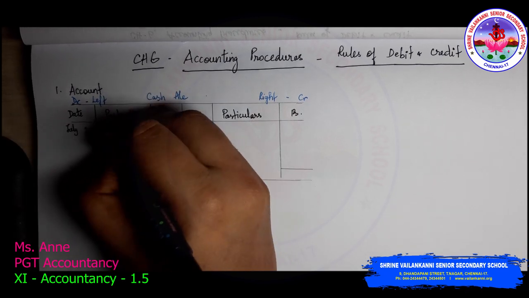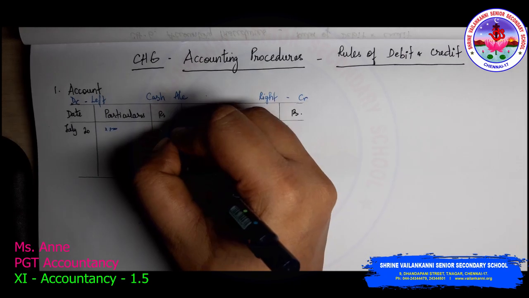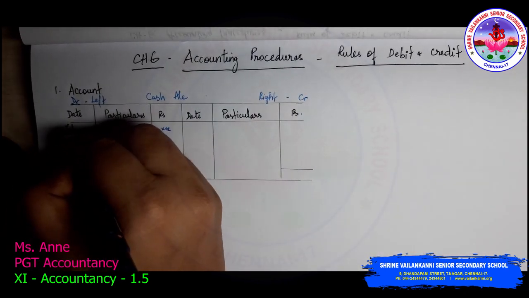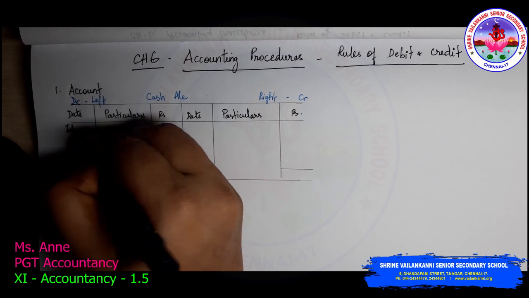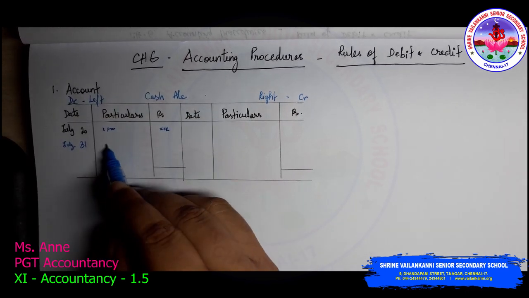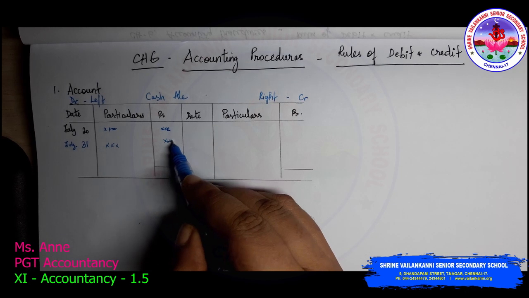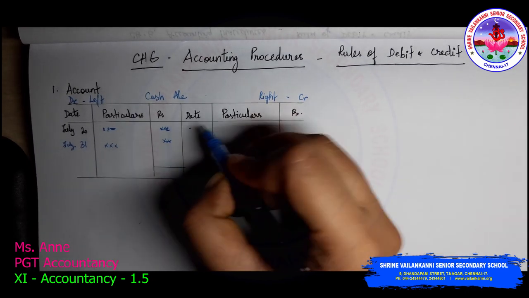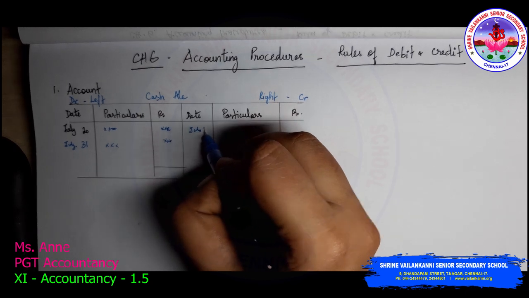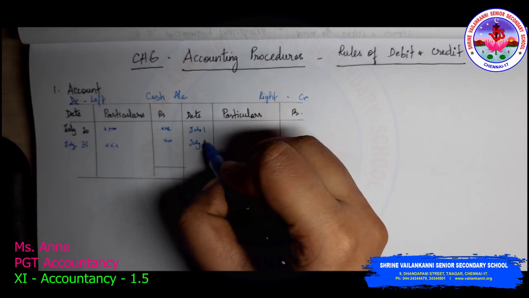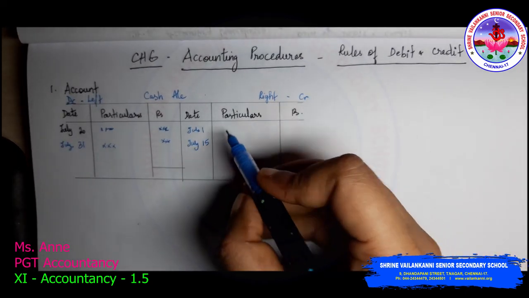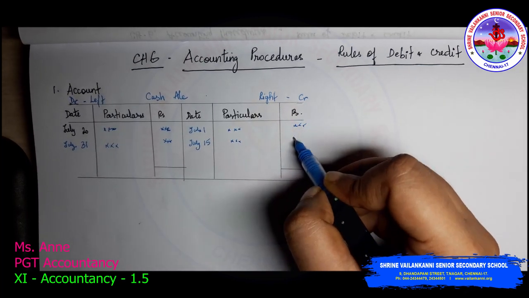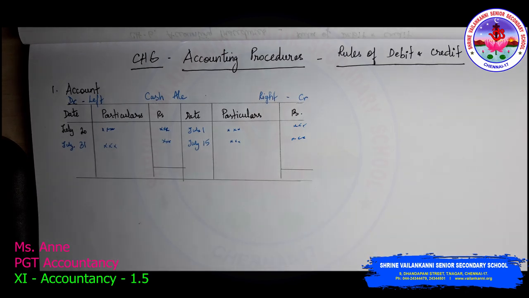You will write the transaction, what is the transaction here, and you will write the amount here. Okay, and if suppose for example in July 31 you have another transaction, you write the transaction here, date here. So it is always a chronological. So suppose you have July 1, July 15. So you have this kind of transactions here, you write it. This is just an example.